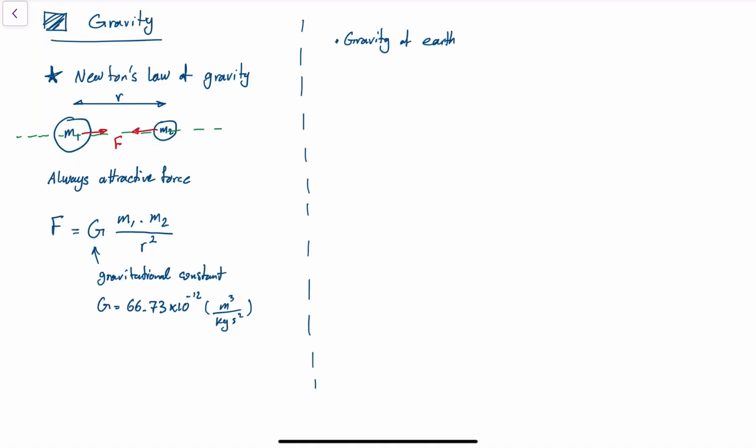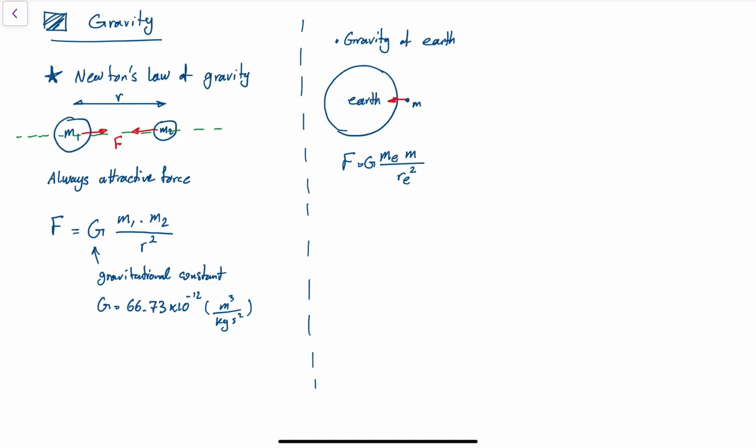So if one of these two bodies is Earth and the other one is a mass of some, let's call it m, the force of gravity of Earth on this particle, we can calculate it exactly the same thing. F is G times mass of Earth, mass of this object, divided by radius of the Earth squared.